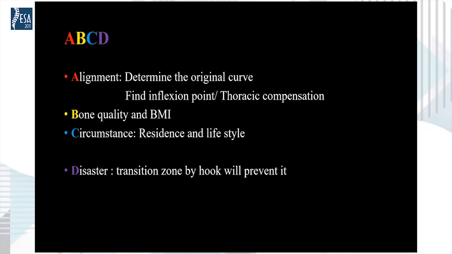In the case of a patient with a rural lifestyle, preoperative counseling about losing quality of life, such as sitting ability after multi-level fixation, should be discussed. Finally, if it is inevitable sometimes, we have to prepare some techniques not to make serious disasters. Thank you very much.